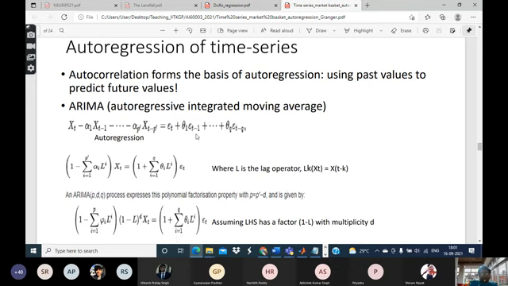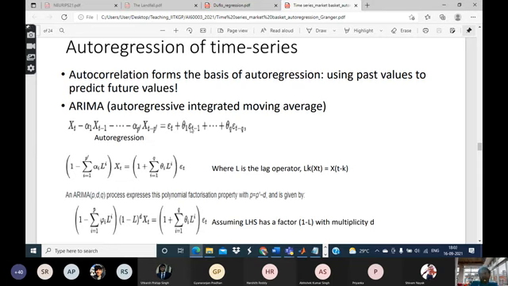Basically, this kind of representation has certain parameters. This p prime is a parameter and this q is another parameter. What is p prime saying? P prime is telling us how many past observations I should consider to predict the next observation. And what is q telling us?